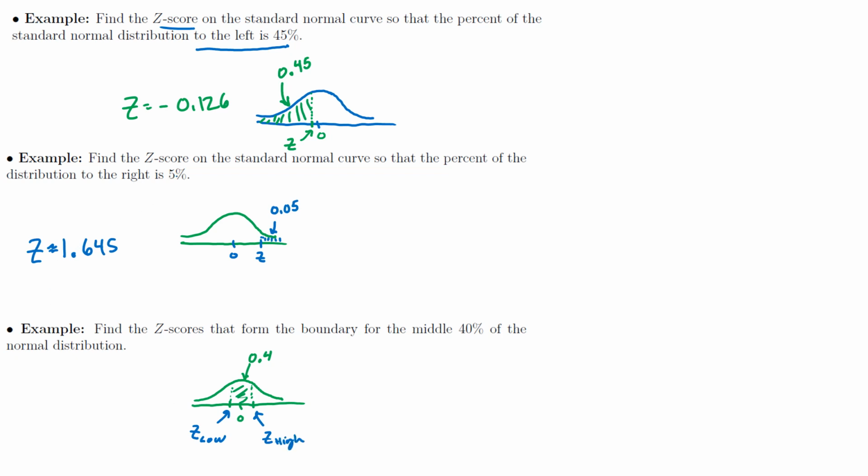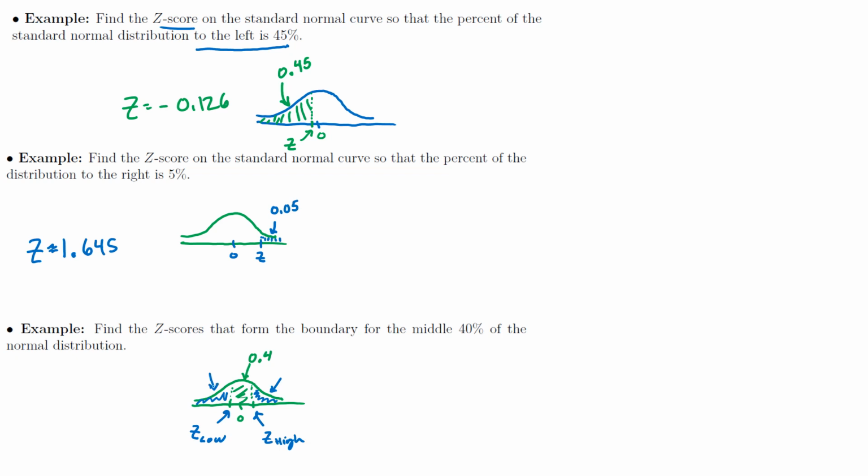Now we just finished figuring out what the z-score is if we know the proportion to the left or if we know the proportion to the right. So what I suggest we do here is make this into a problem that looks like one of these first two, meaning if I know 0.4 is in the middle, do I know anything about what's on the edges?